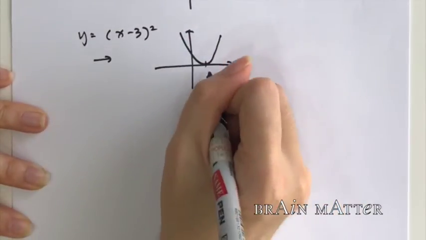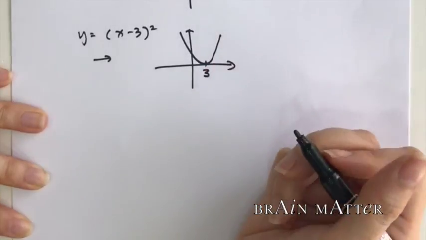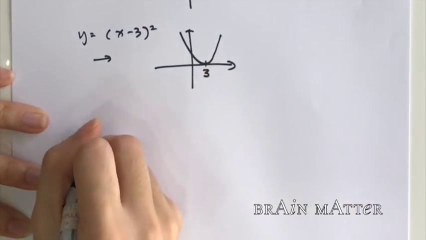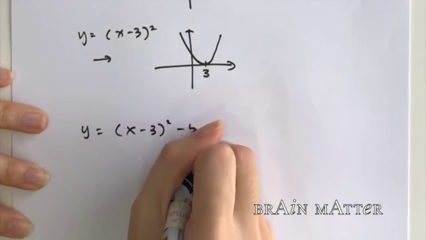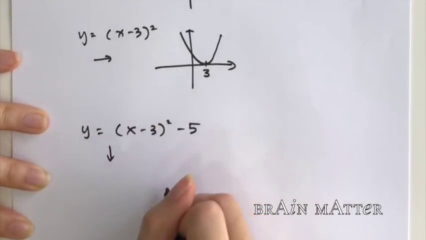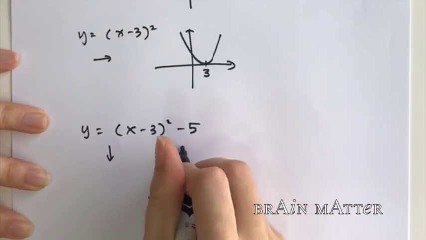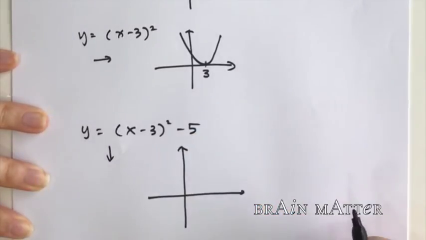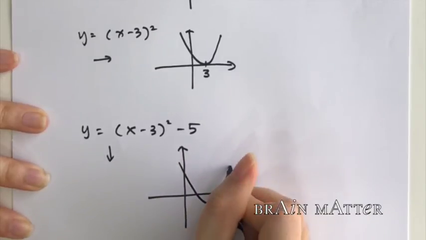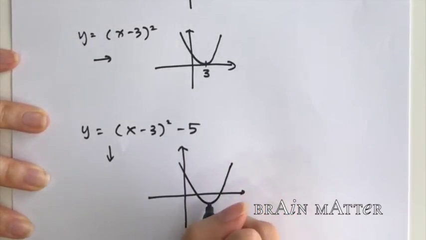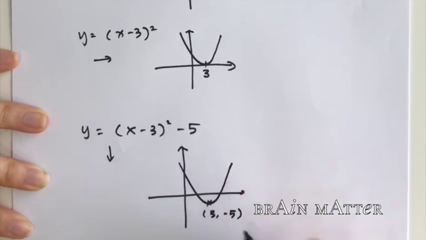So we will get this. This will be 3. Then after that, we can move on to shifting it downwards by 5 units. So this will give us a minimum point, 3, negative 5.